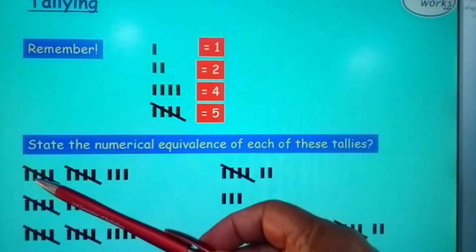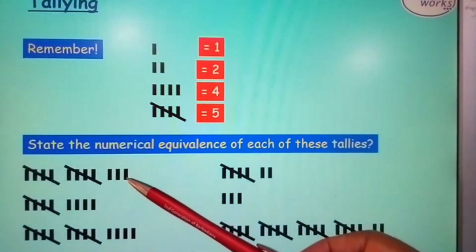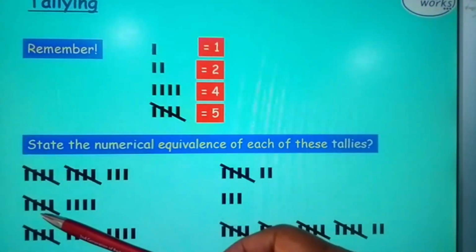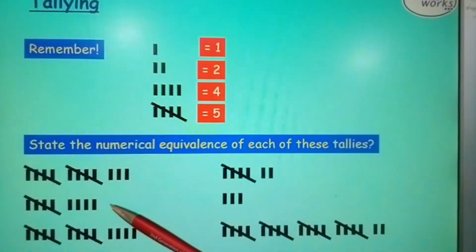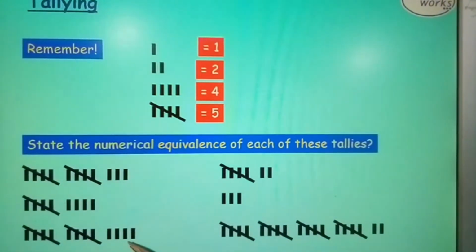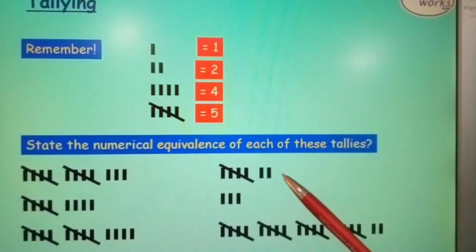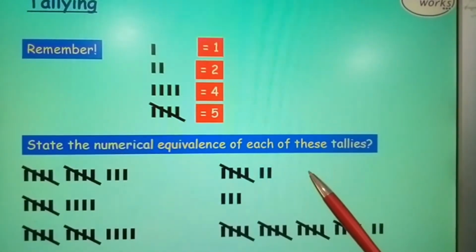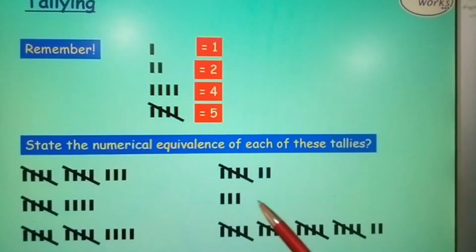So we have tallies: 5, 5, 10, and 1 is 13. 5 add 4 equals, and I'm waiting for you to tell me, 9. 5 add 5 plus 4 equals, and I'm still waiting for you to tell me, 14. 5 add 2 equals, now tell me about it, 7. 3 stripes equals 3, of course.